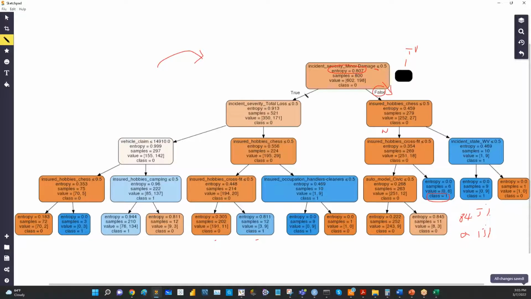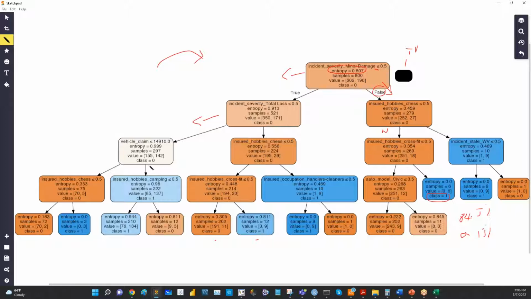So let's change your mind. Yeah, you say it's less. Okay, we go in this direction. And is your total loss greater or less than 0.5? Incidence severity loss. Okay. Let's say that you say it's less. Then your vehicle claim, what is the value? Is it less or greater than 14,910? Greater.